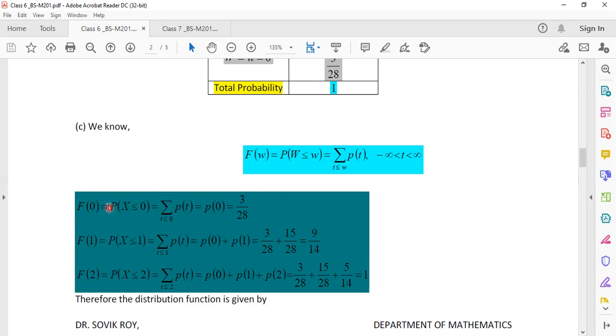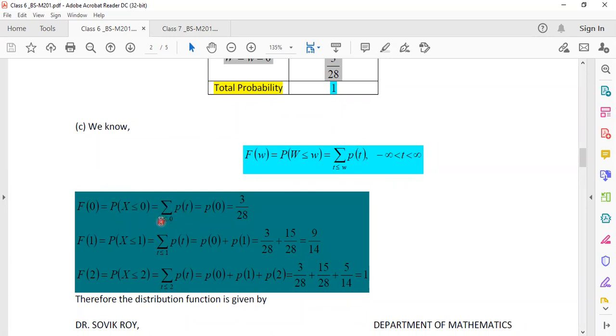Let's see what happens. Capital F of 0, just look at this carefully, is equal to the probability of X less than or equal to 0. Try to correlate these two things. By definition, it should be the summation of p(t), where t takes values 0 or lesser.